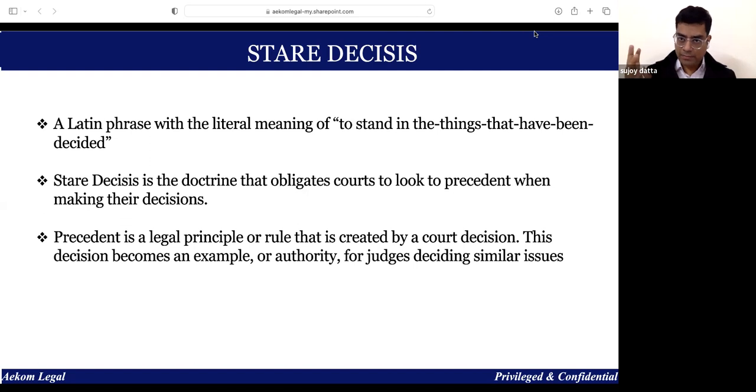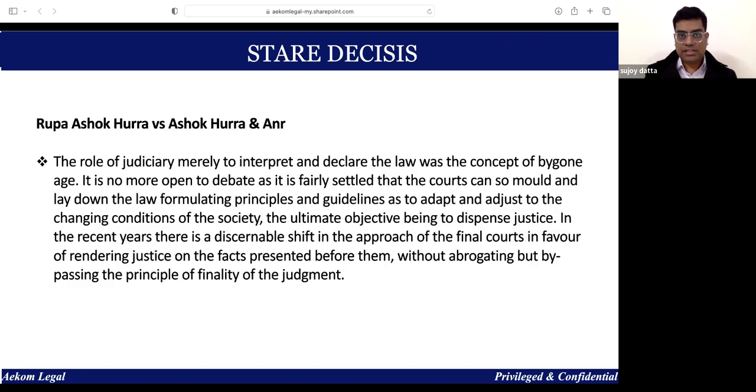Either it must be applied or it must be distinguished on the basis of facts, or it must be overruled. And naturally, it can only be overruled by a court of greater strength than the court that has passed the previous judgment. So, we understand by stare decisis that a court will always apply the law that is previously laid down.